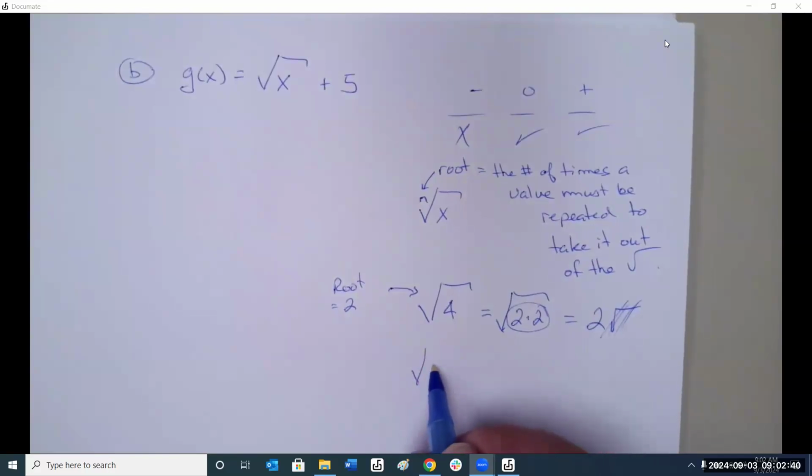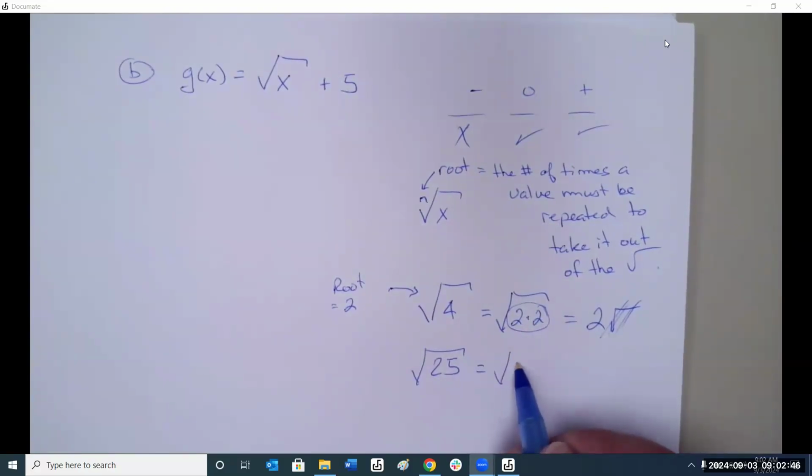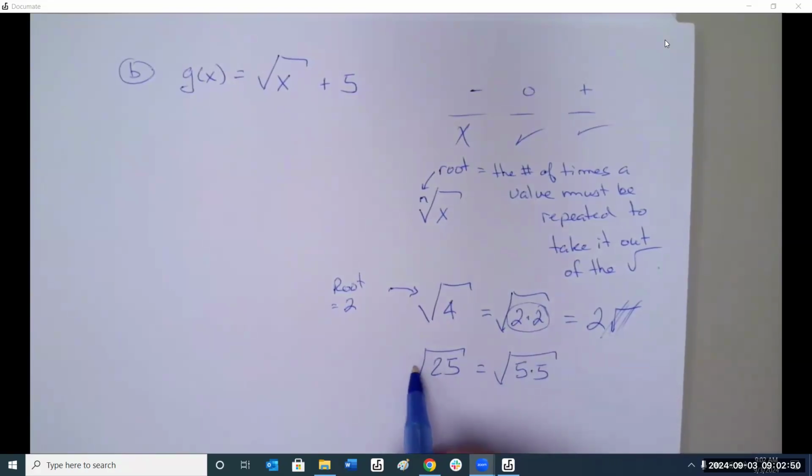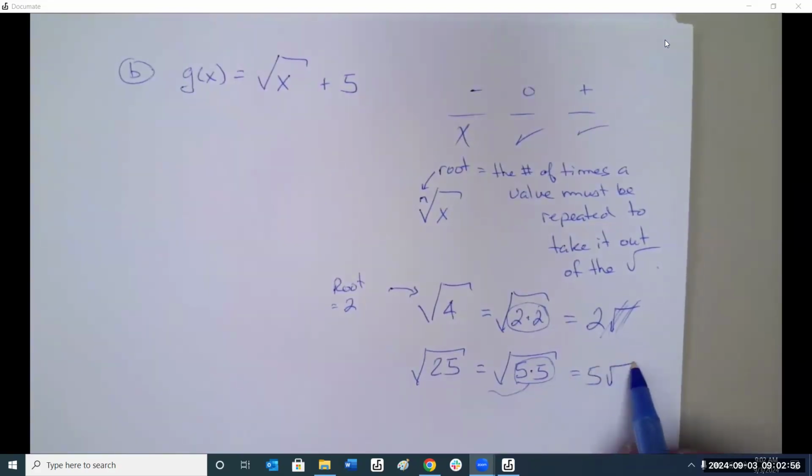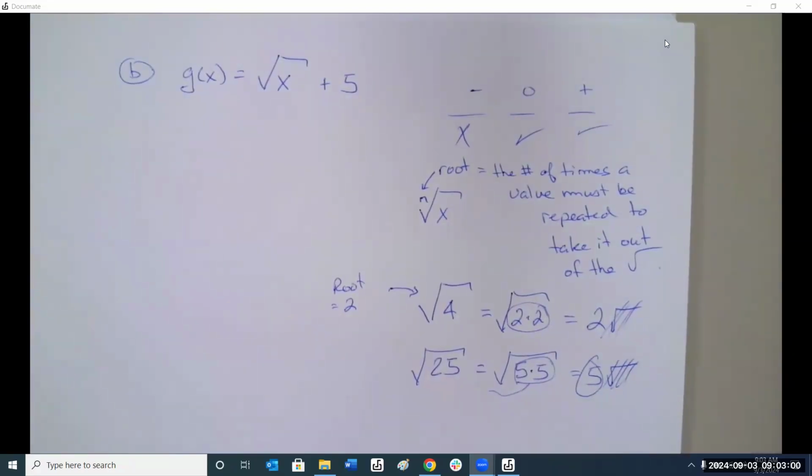The square root of 25. 25 is made up of 5 times 5. There's an invisible number there. It's a 2. This happens twice, so I could take it outside. There's nothing in there, so the answer is 5. Because 5 times 5 equals 25.